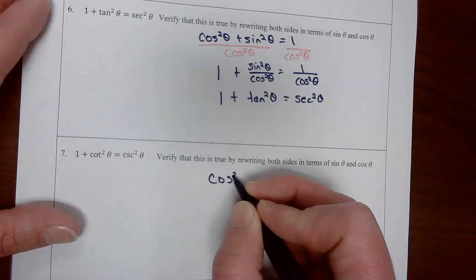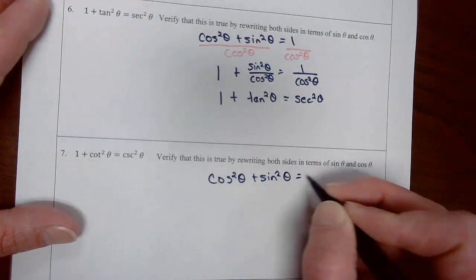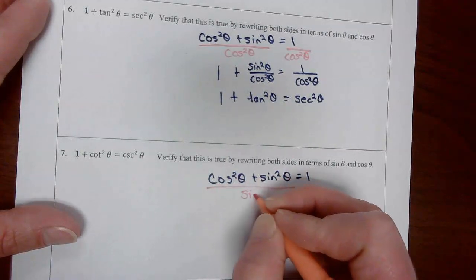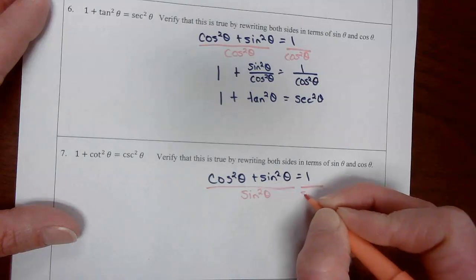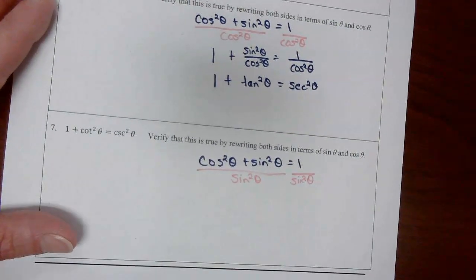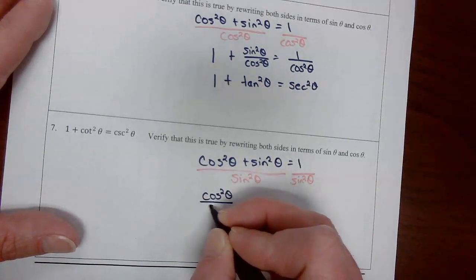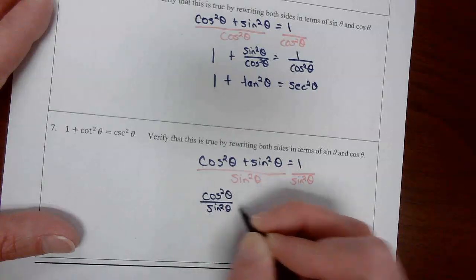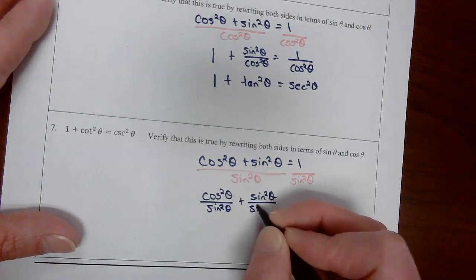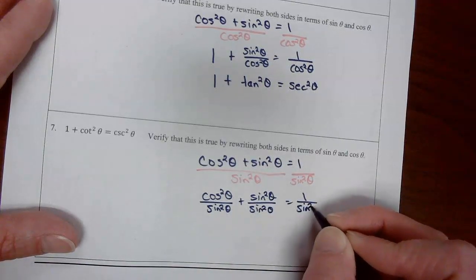I can also rearrange it by dividing by sine squared instead. And watch what happens. When I divide cosine squared by sine squared, and then I have sine squared divided by sine squared, equals 1 over sine squared.